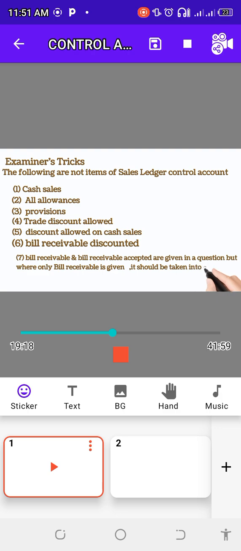Now, in any question, when there is bill receivable and bill receivable accepted, pick the bill receivable accepted and leave the bill receivable. But where there is only bill receivable, assume that bill receivable to be the bill receivable accepted.